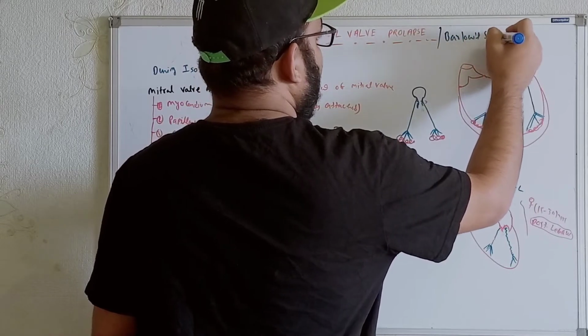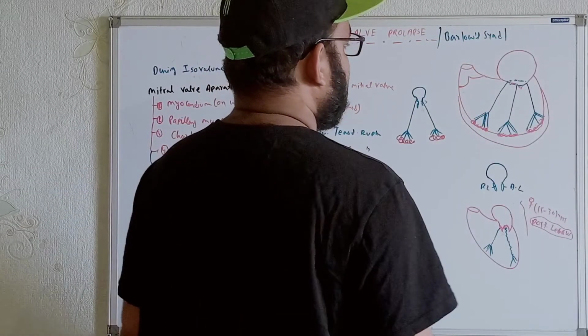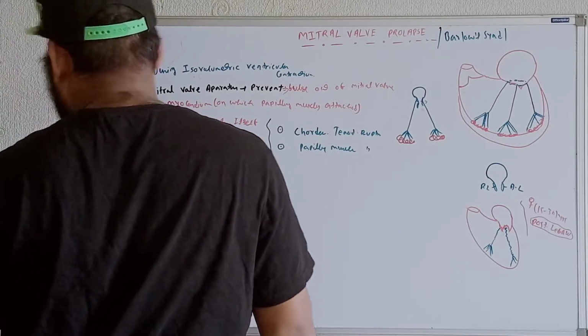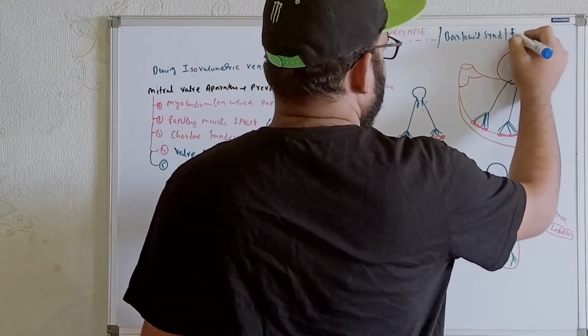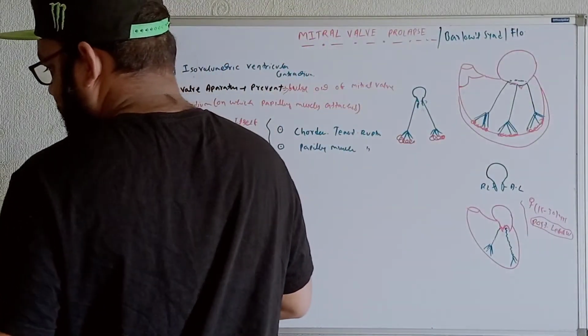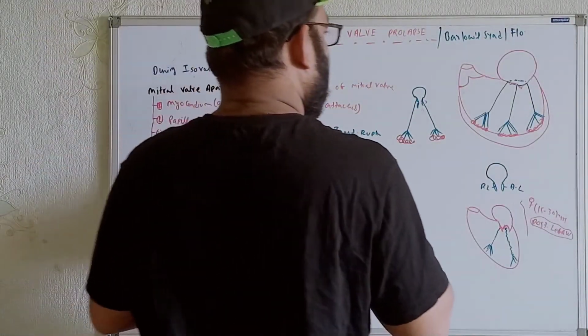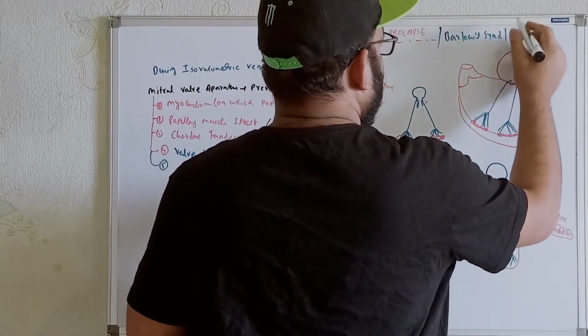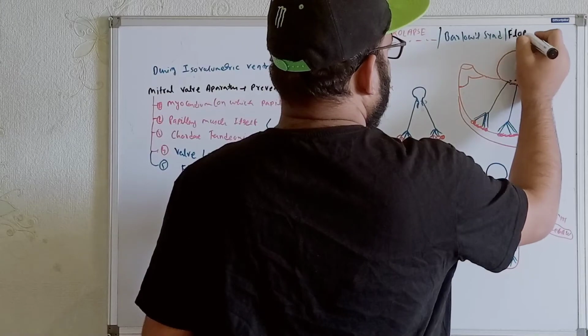Another name we can say is floppy mitral valve. Let's use a different color for it so it is more understandable. So another name for it is floppy mitral valve.